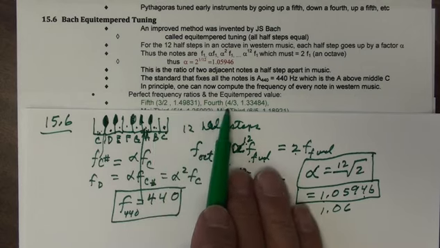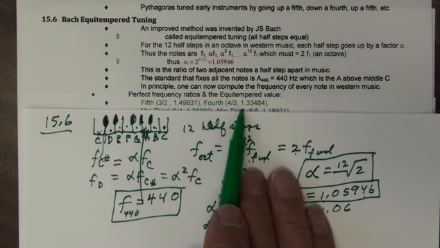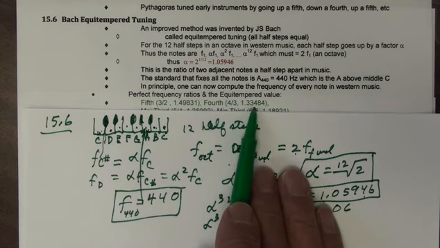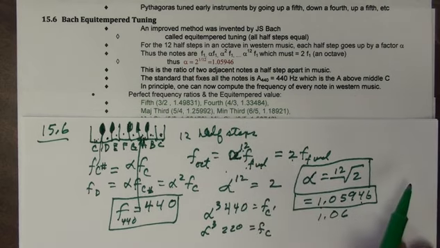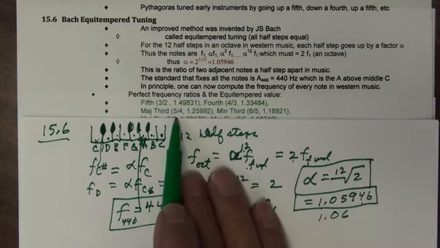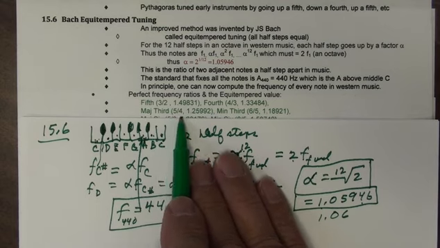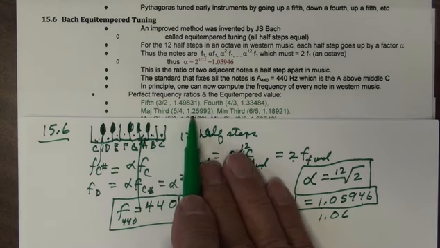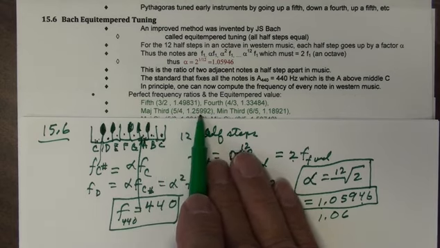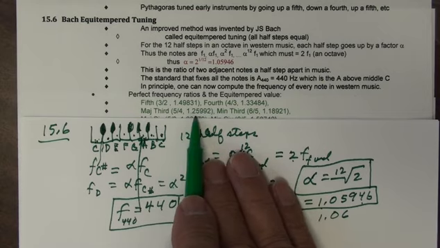A fourth, which would be 1 1/3, is 1.33. A major third, which is normally the ratio of 5 to 4, that would be 1.25, turns out to be 1.26.